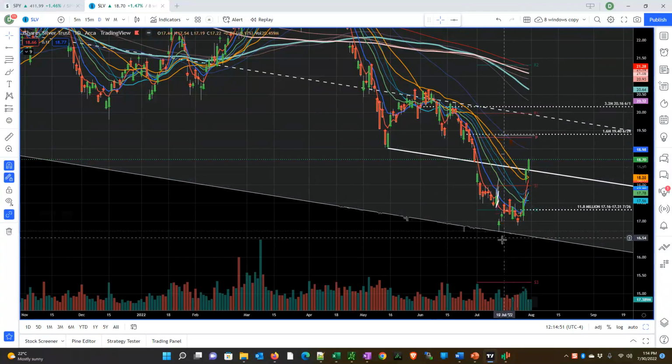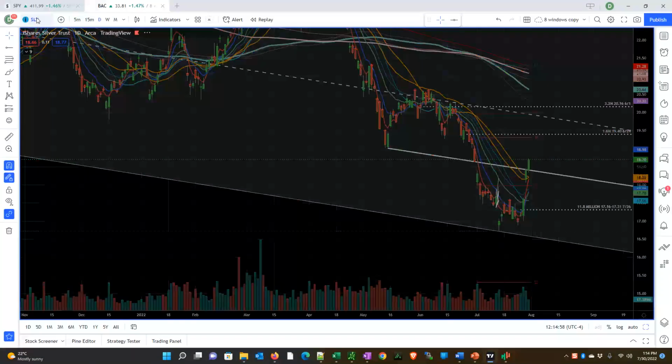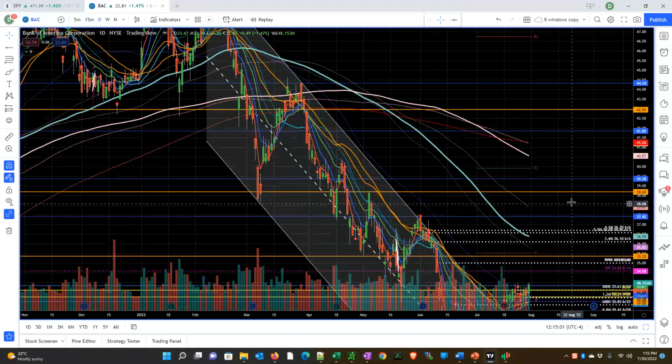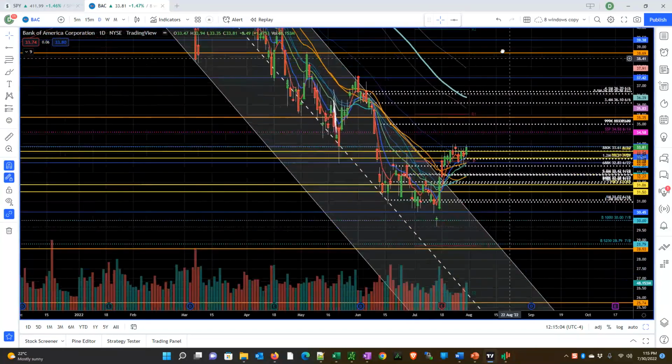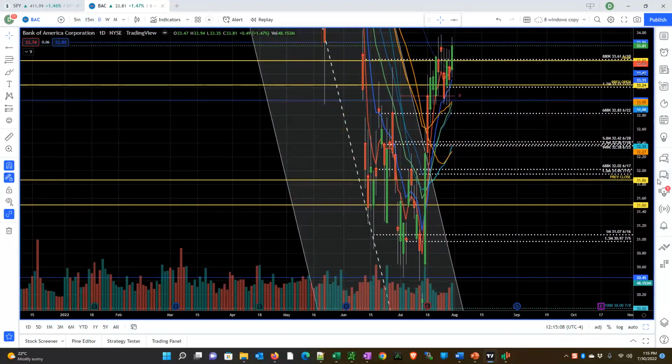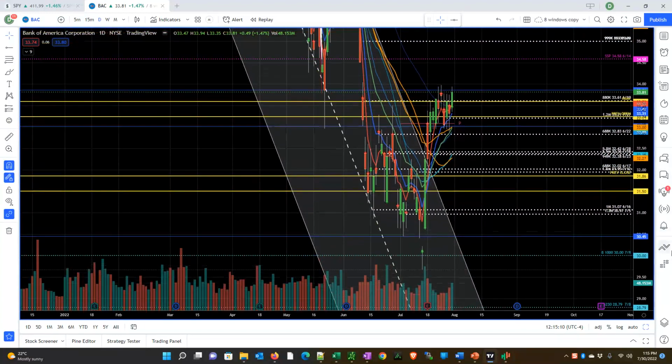So the other one that I wanted to show you was Bank of America. So let's look at Bank of America. And here, was it Bank of America? Oh yeah, I was doing other work on this one with a coaching student.